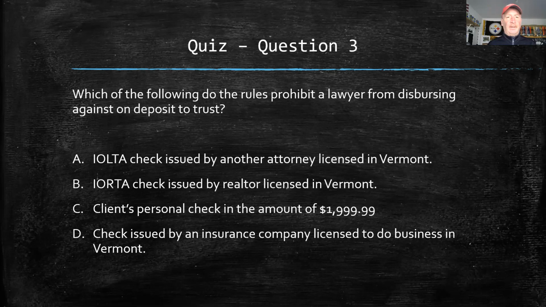Is it A, an IOLTA check issued by another attorney licensed in Vermont? B, an IORTA check issued by a realtor licensed in Vermont? C, a personal check from a client in the amount of $1,900.99? Or D, a check issued by an insurance company licensed to do business in Vermont. One of those the lawyer has to wait. The other 3 the lawyer can write against upon deposit.